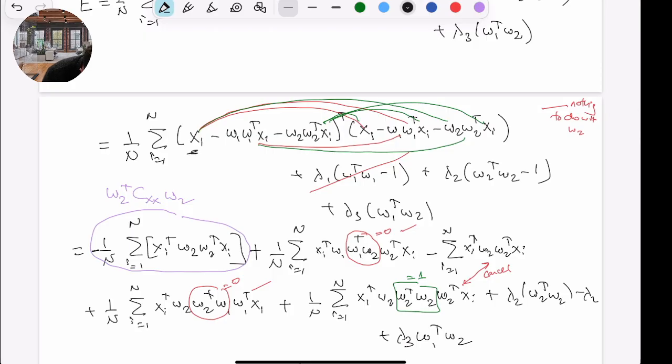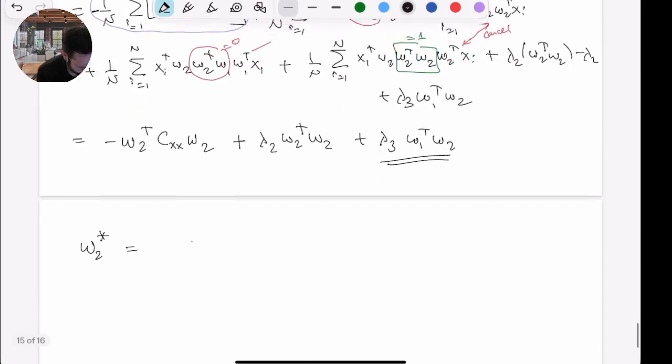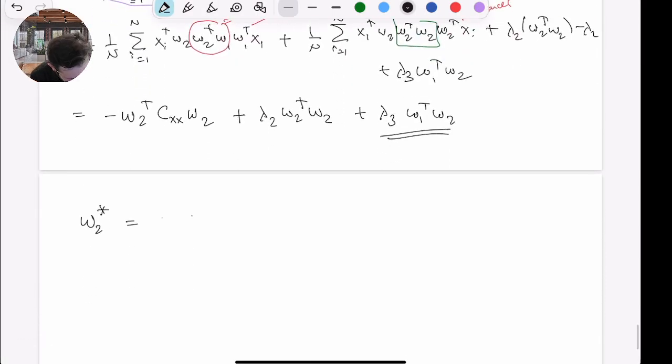There's a positive and there's a negative, so that's why it has to be negative. Perfect. So I get negative 2 CXX W2 plus 2 lambda 2 W2, plus lambda 3 W1. All right, so that's what I get.